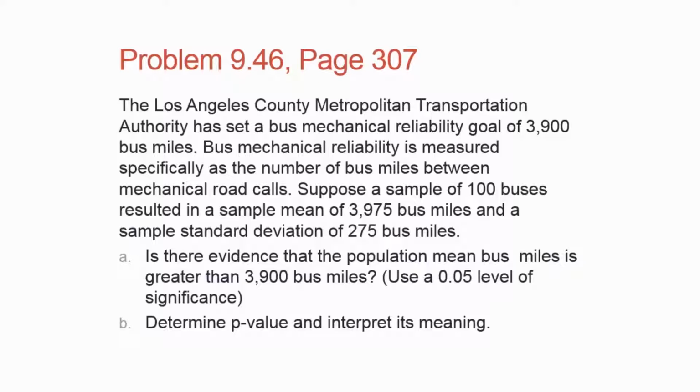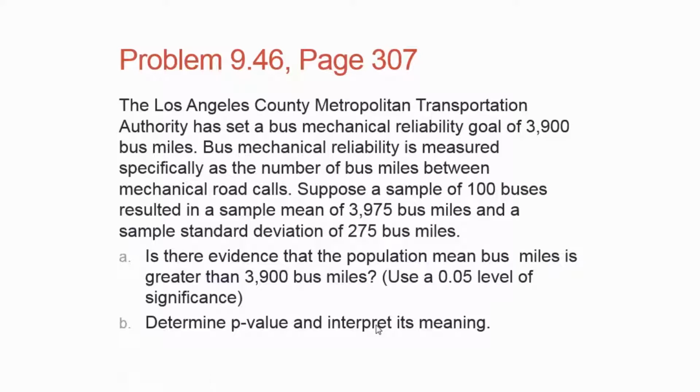So it says greater than 3,900, so that tells me it's going to be an upper tail test. And alpha has to be 0.05 because that's what it told me. Now, the other thing to notice is we took a sample of 100, and here's our sample mean, that's x bar, and sample standard deviation, which is S, is 275 bus miles. We want to determine the p-value and interpret its meaning also at the end.